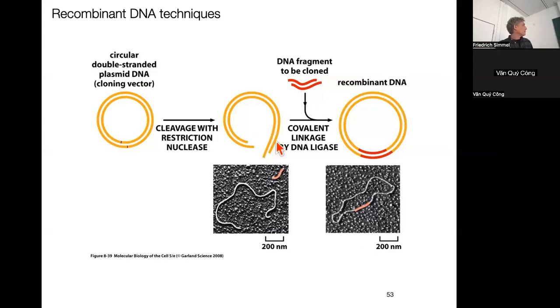By cutting, for example, this circular strand and your DNA of interest, these sticky ends will have the corresponding complementary sequence. So you can insert this fragment into your vector, and with this you can introduce pieces of DNA from some organism or synthetic DNA into another organism, and this is why it's called recombinant, because you can in principle mix gene sequences from different sources.